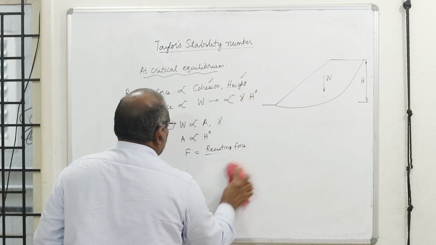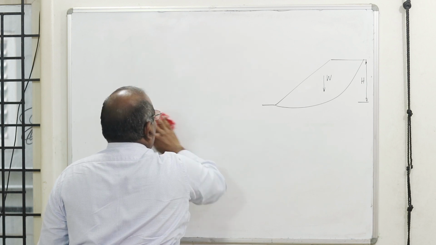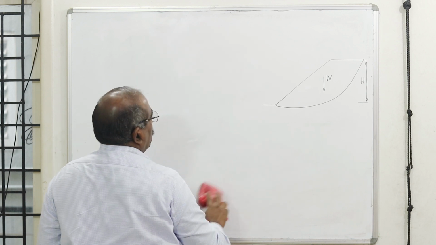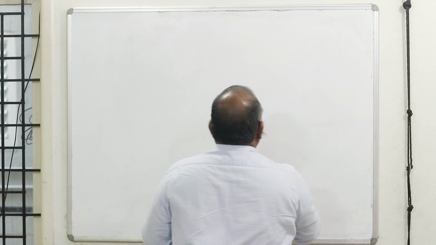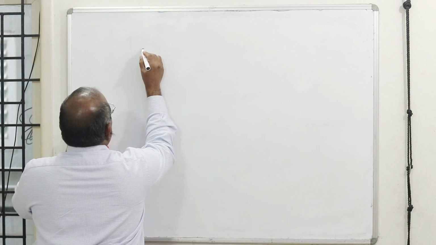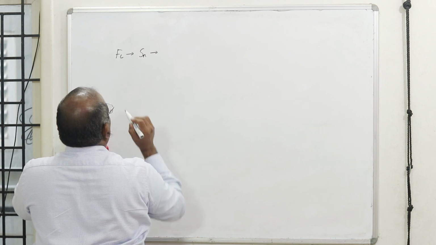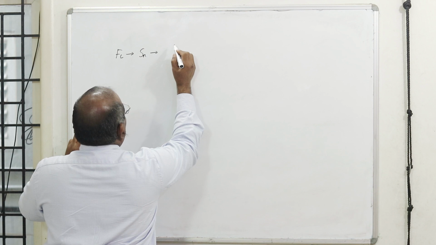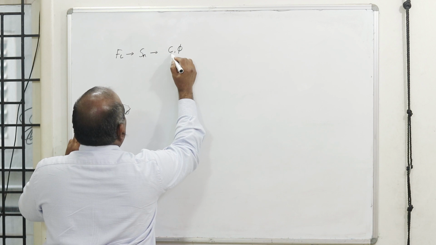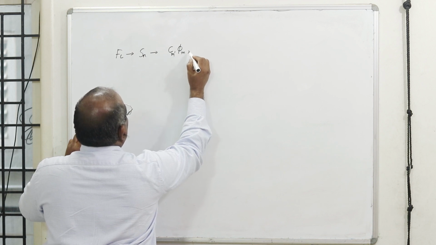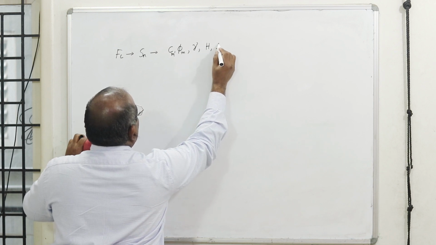There are so many things which you need to understand in addition to this, not only understanding it. What he tried to do, he made the process very easy using the friction circle. He developed a chart. Let me draw that chart. Basically, your stability number depends upon five parameters: the cohesion of the soil, the angle of internal friction, mobilized cohesion, mobilized friction angle, the unit weight, and the height of the slope and the inclination of the slope.